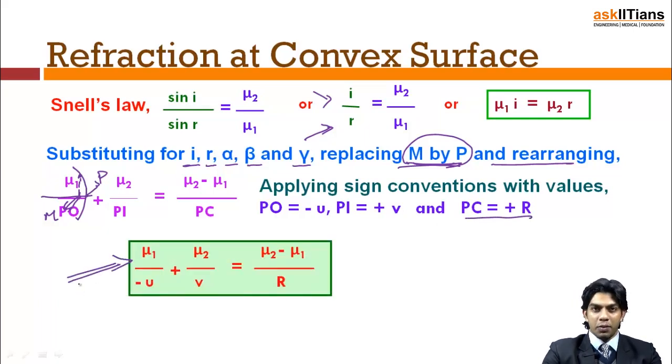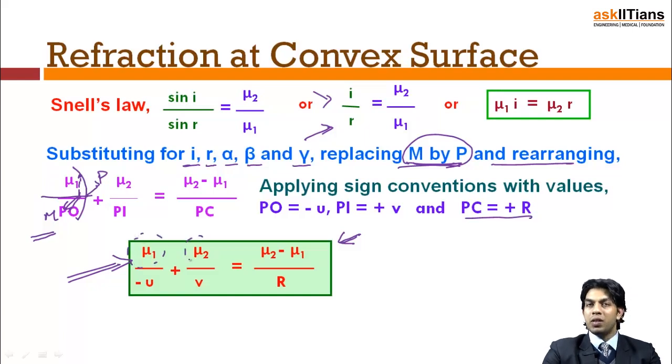I'm sorry about the handwriting written over here, so make sure you understand what's been written: mu 1 by minus u plus mu 2 by v equals mu 2 minus mu 1 by R. That is the refraction formula for a convex surface. So please keep in mind, mu 1 represents the medium in which the light is traveling initially.